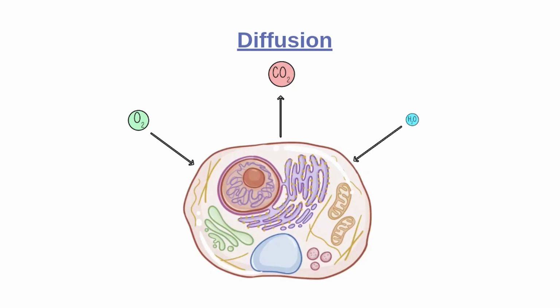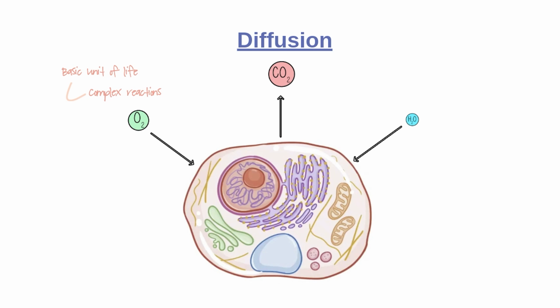So let's start by reminding ourselves that cells are the basic unit of life, and they're basically like little factories where a ton of complex reactions occur. These reactions are necessary to keep an organism alive, and they're going to require raw materials in order to churn out the desired products.